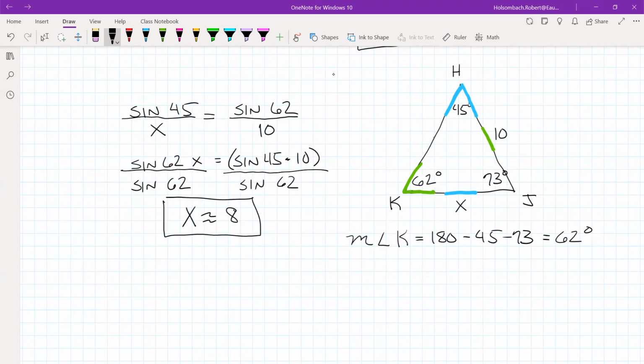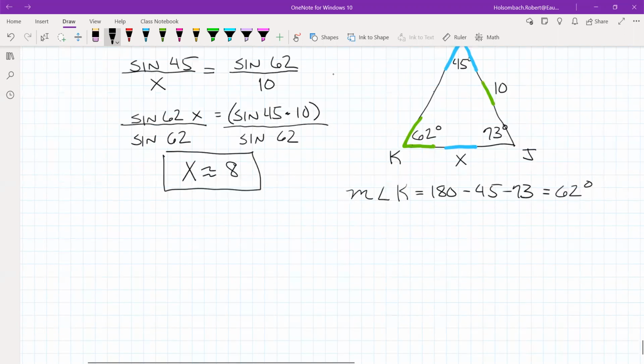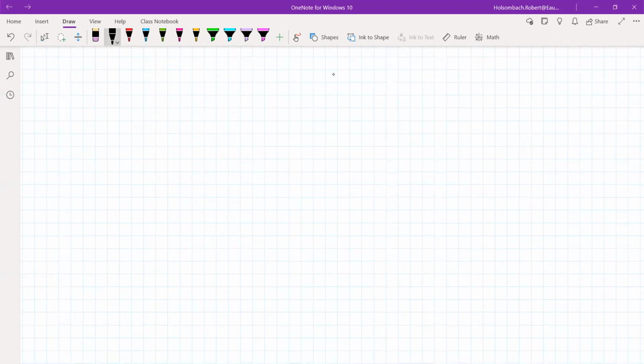Any questions? All right, practice for today. Page 592. One through 4.